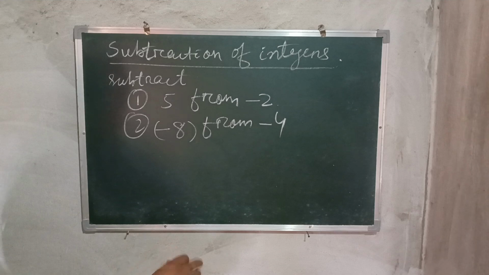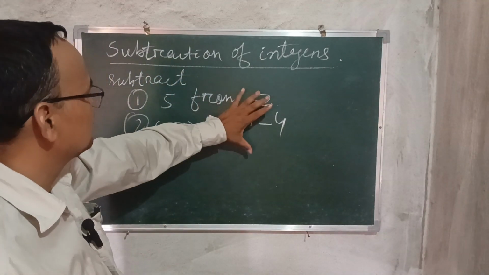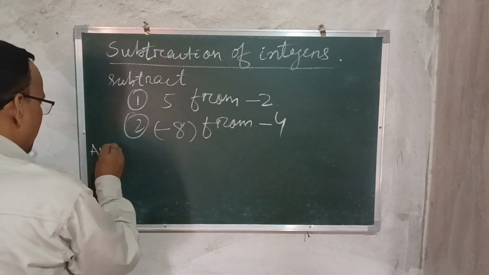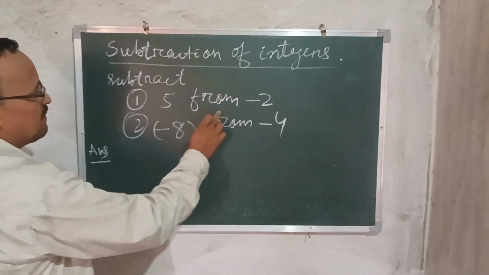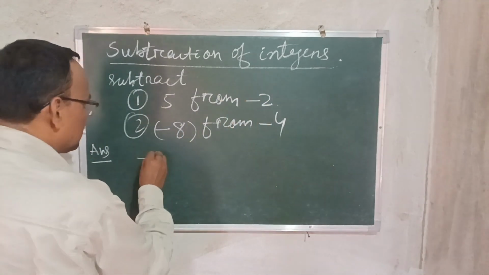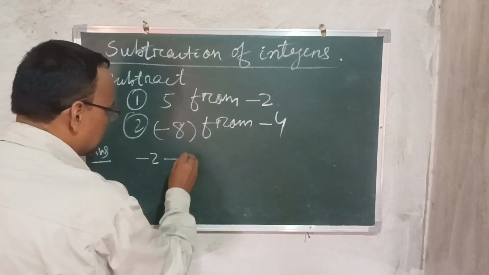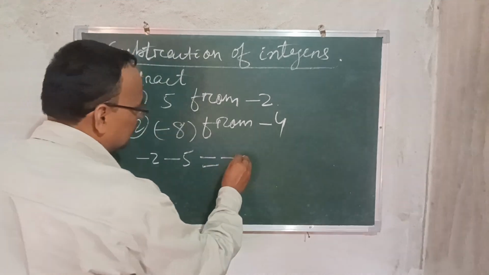Using the rule of addition, we can subtract. First, number 1: subtraction of 5 from minus 2 is minus 2 minus 5, and that is equal to minus 7.